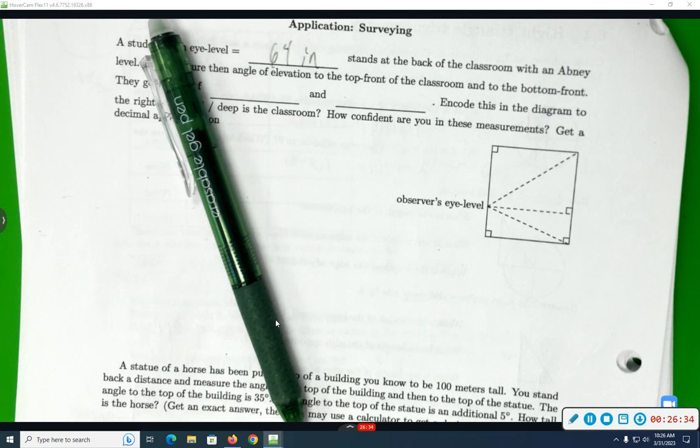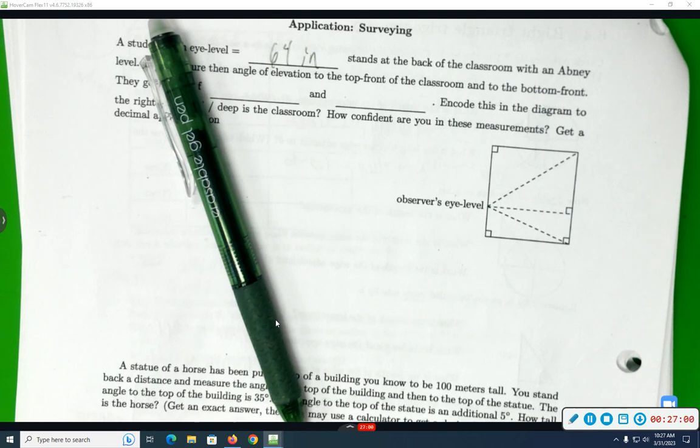Rotate that until there's a bubble that you should see appear between two lines. That's very good. Cool. Now pull that away from your eye and read off that angle for me. So I'll get 2 degrees.